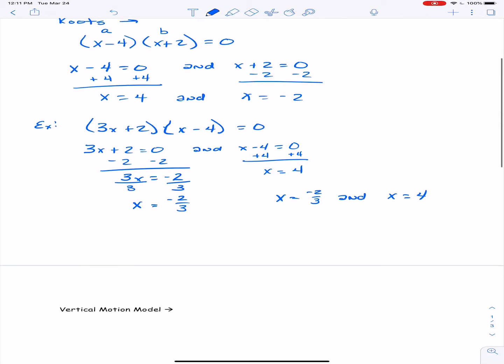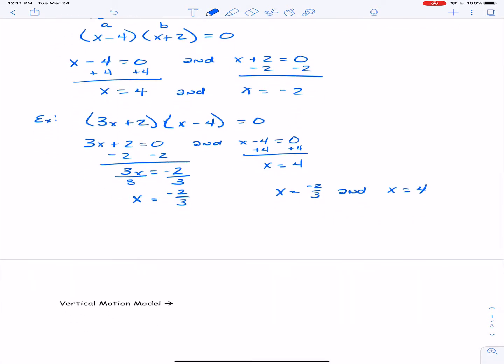Okay, well, now what happens if they are not factored? So we're going to actually just factor regular binomials where we're going to take out the greatest common factor. So let's look at this problem. Let's look at 12x plus 42y, and we want to factor this, okay?